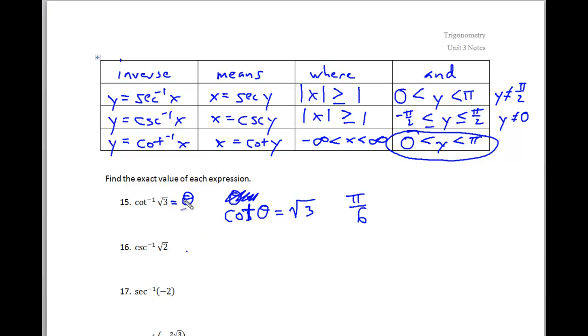I kept writing cosine there. To find theta, we'd have to look at our unit circle and see where this is, and that would be at pi over 6, inside of that boundary there that's labeled by the problem up above here.